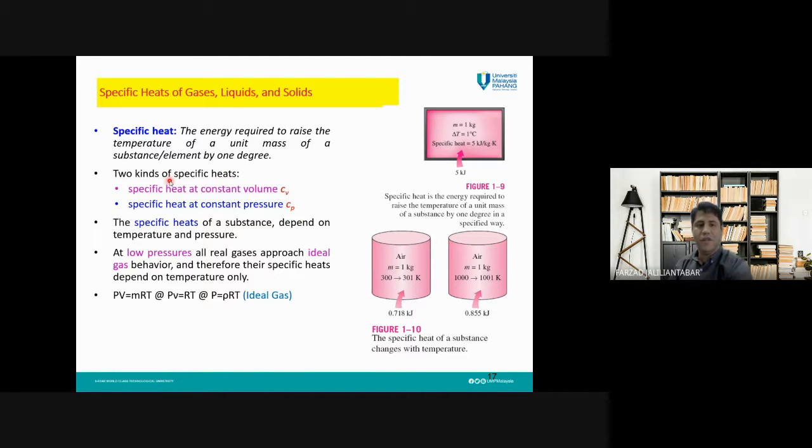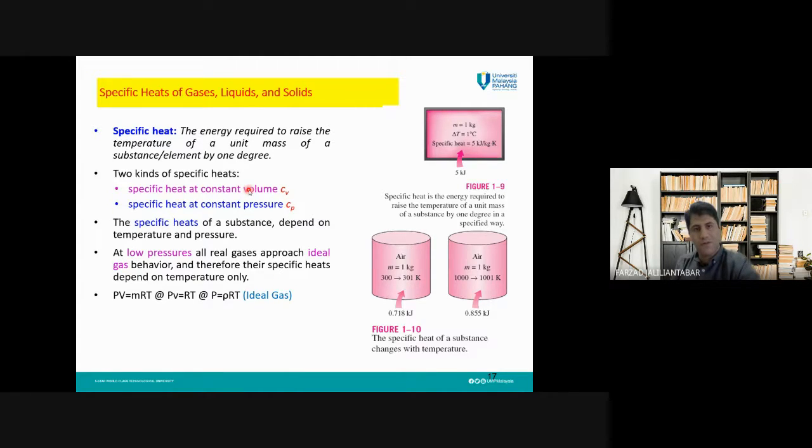Based on this, we have two different types of specific heat for gases. A specific heat at constant volume, or CV. It means the volume of the gas is kept constant, then a specific heat is measured for that gas.